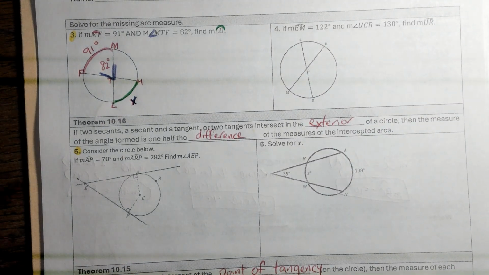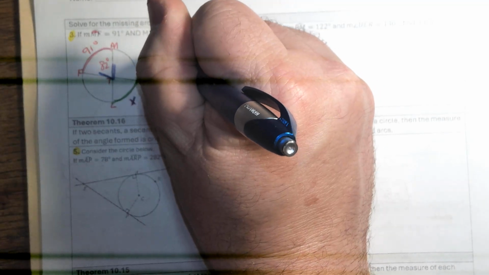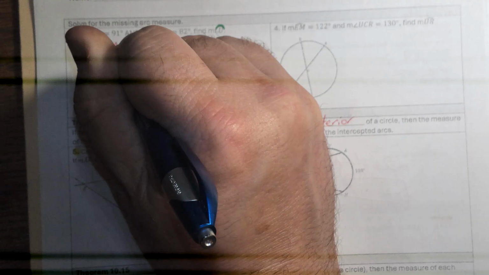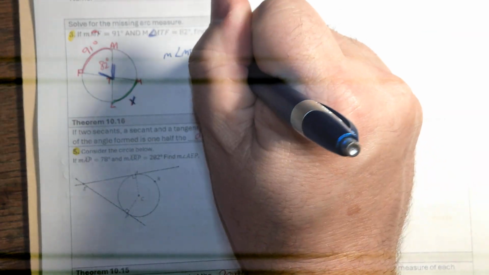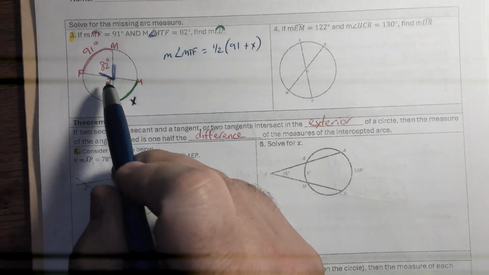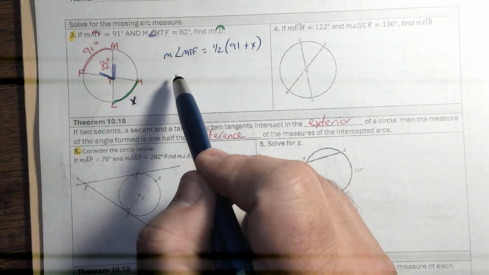All right, so we know that the measure of the angle, in this case MFT, would equal 1/2 of the sum of these two. All right, so 91 plus X, okay? The angle equals 1/2 of the sum of these two guys, okay?